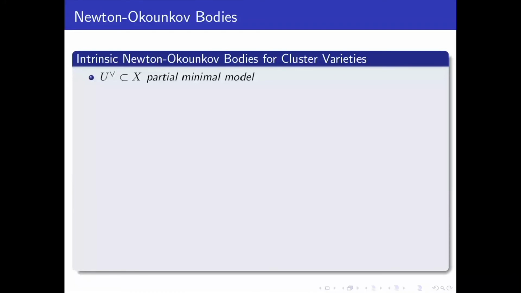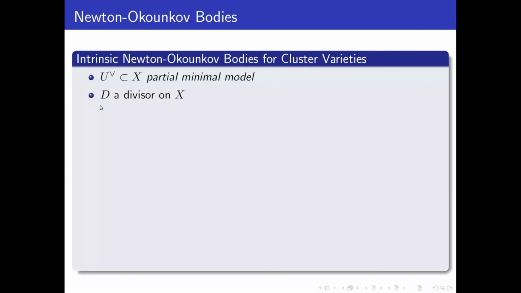So in the definition of log Calabi-Yau, we required that in any compactification, omega would have at worst a simple pole along the divisors that we add. For a partial minimal model, you'll require that any divisor that you add, this volume form does indeed have a pole. So we're going to be looking at those sorts of compactifications.